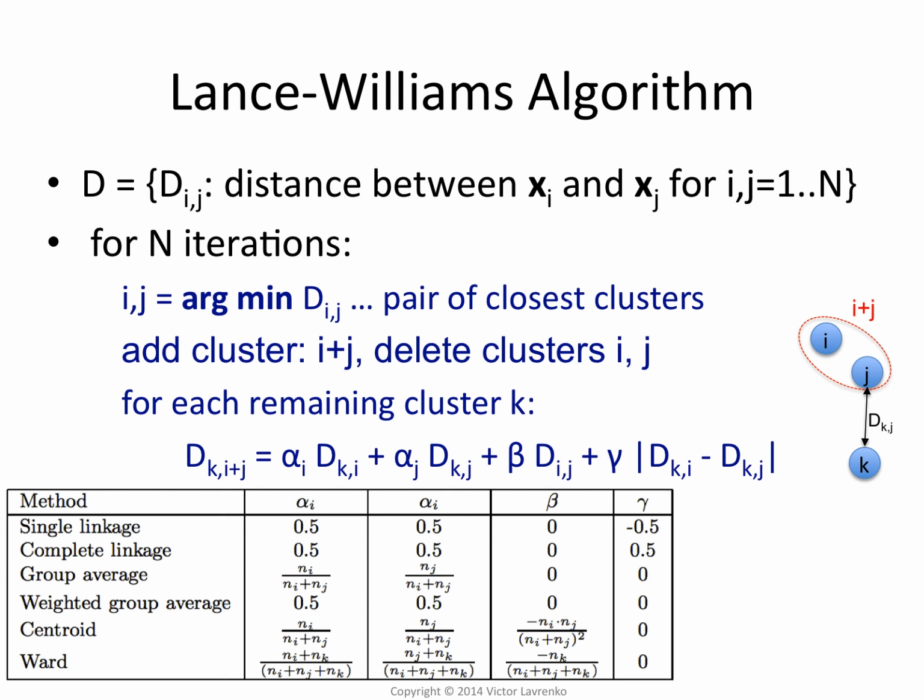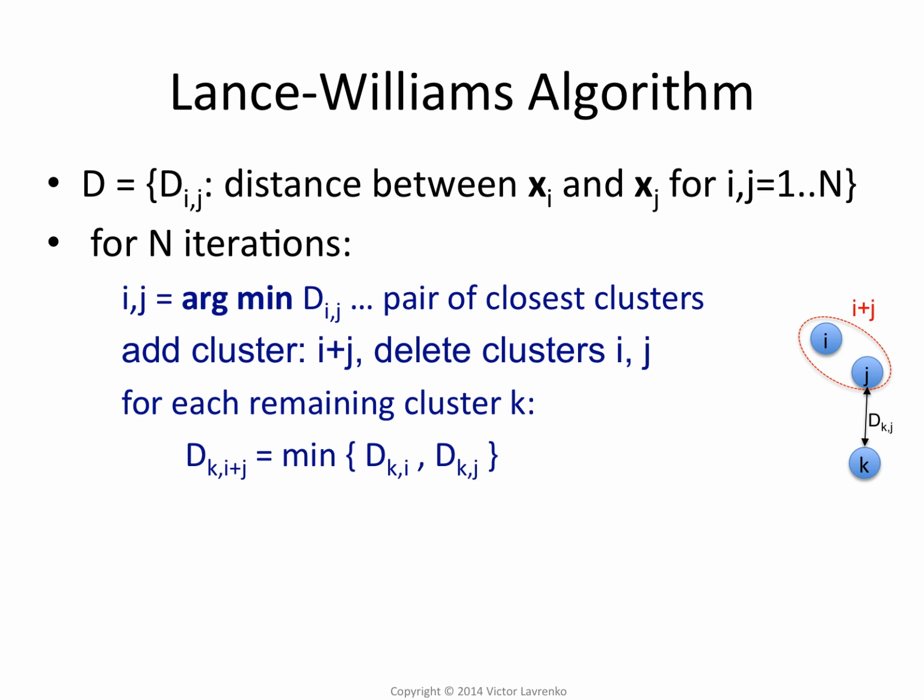So what we want to do is show that if we set alpha I, alpha j, and gamma to 0.5, 0.5, minus 0.5, then we're going to end up with just the single link rule. And remember, the single link rule was the minimum between the two distances. So that expression is going to work out to be the minimum.